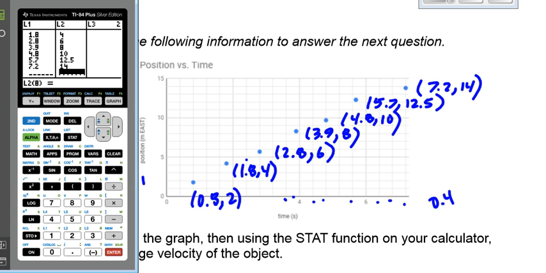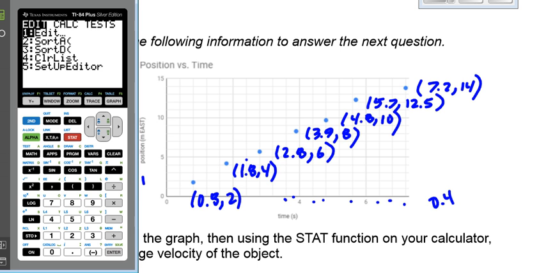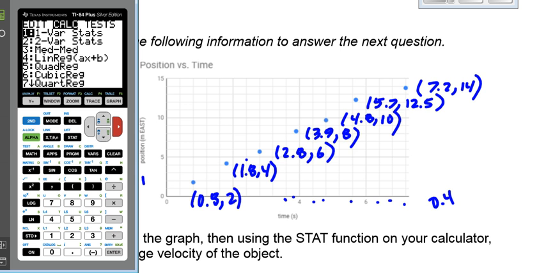So what did I do? Stat, edit, 1. Then you enter your data. Now it's time to get some numbers from it, okay? Slope and so on. Now, you went stat, edit, 1. Now we're going to go stat, scroll over to calc, down to option 4, linear regression. Stat, edit 1, stat, calc 4. Now watch what happens when I hit enter. Sometimes, depending on your version of the calculator, you might have to hit enter a couple of times, 3 or 4 times.